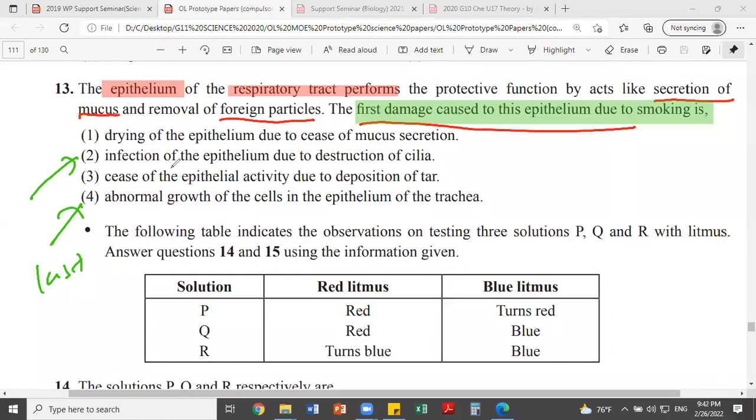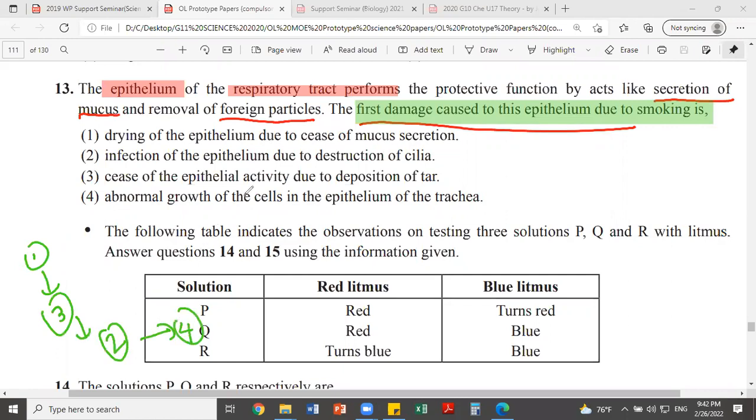After that, if you only write the order for 1 3 2 4, what is the order here? 1 3 2 4. So the best answer is the first one, right? 1 3 2 4 will be the answer. This is the order of the damage caused. One, you get after that 3, after that you get 2, after that you get 4. That's how it happens.